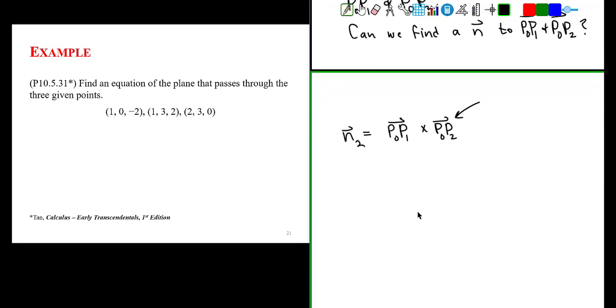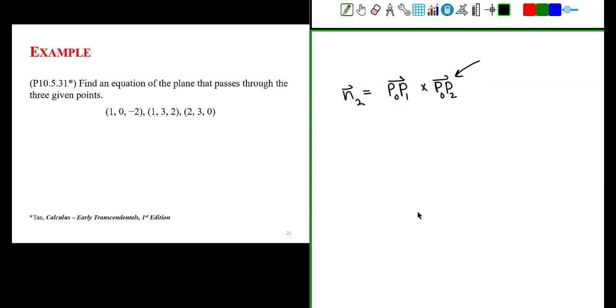To be consistent with my picture, I like normal vectors going up, so I am going to calculate my cross product in this order. And let's recognize that this cross product is equal in magnitude, but opposite in direction of N2.